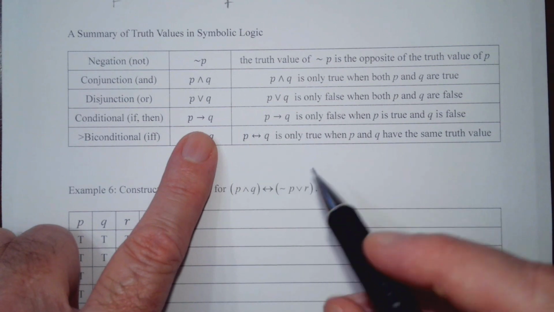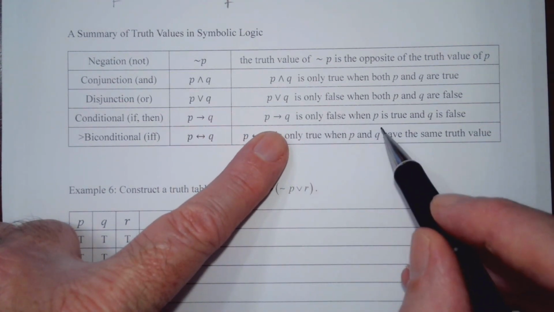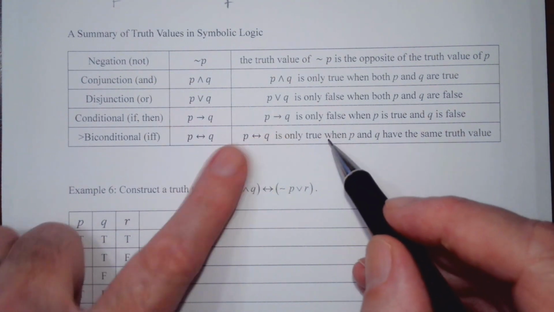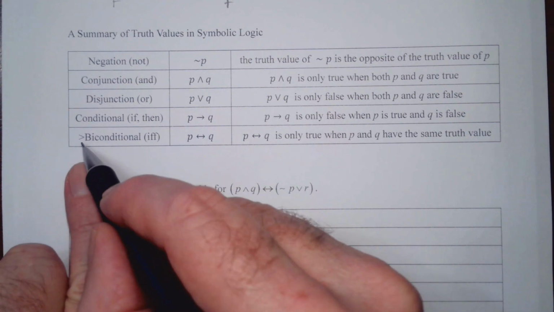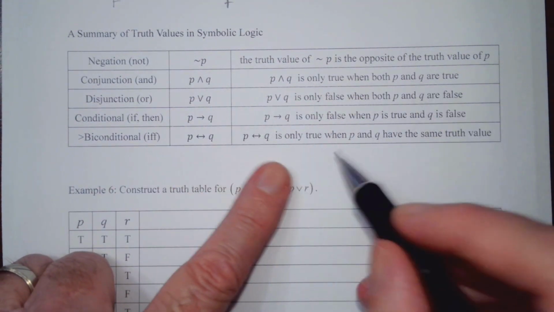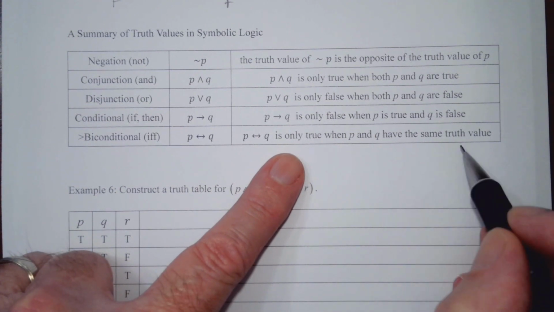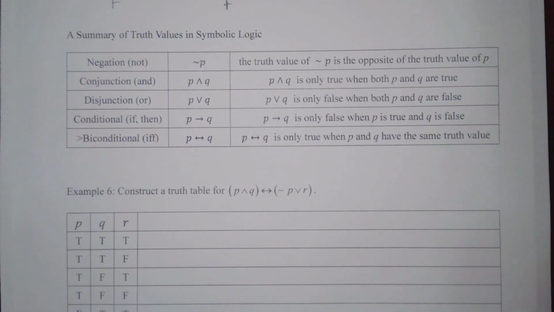For the conditional, we said P implies Q is only false when P is true and Q is false. And finally, for the biconditional, P if and only if Q is true when P and Q have the same truth value. All right, so that's a summary of all the truth values that we've looked at, the main ones.